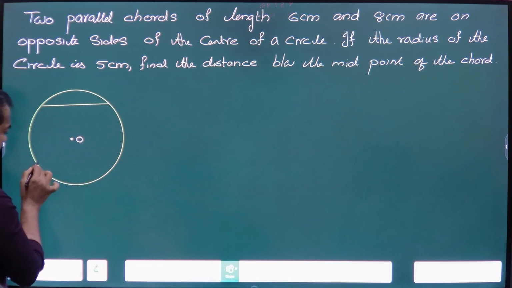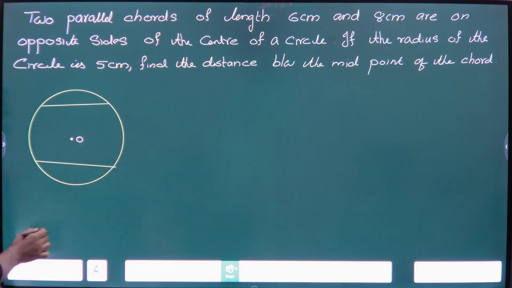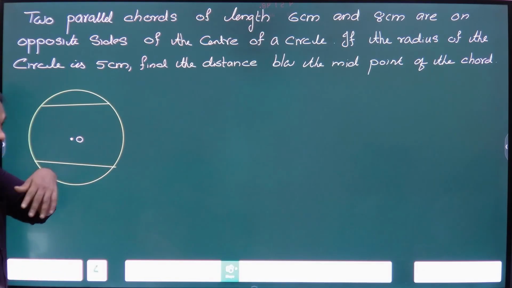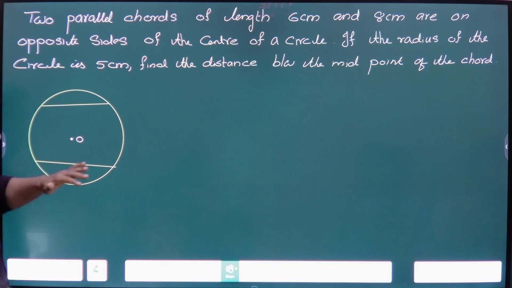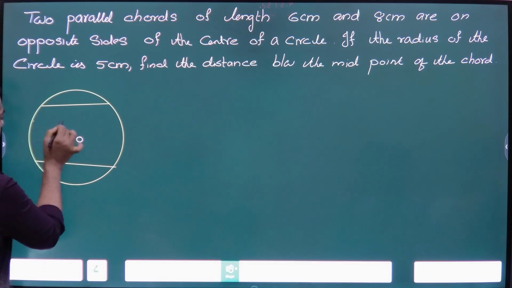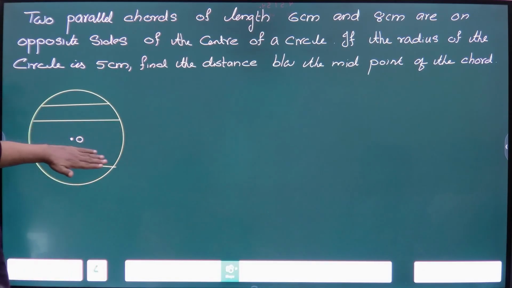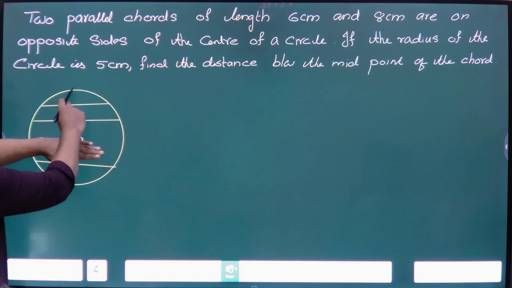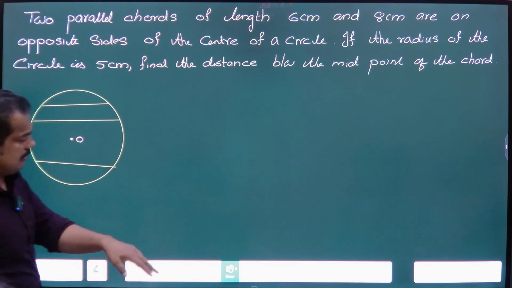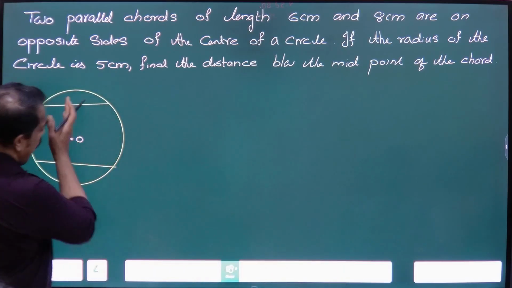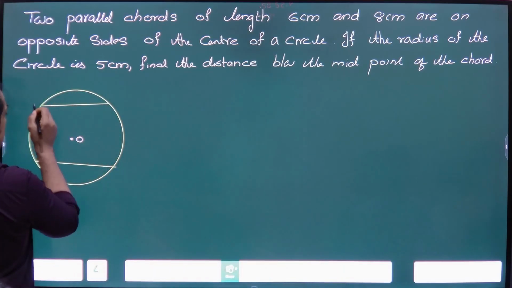If same side is asked in any question, the method is the same: one chord here, one chord here. This is the same side of the center, and the first case is the opposite side of the center.